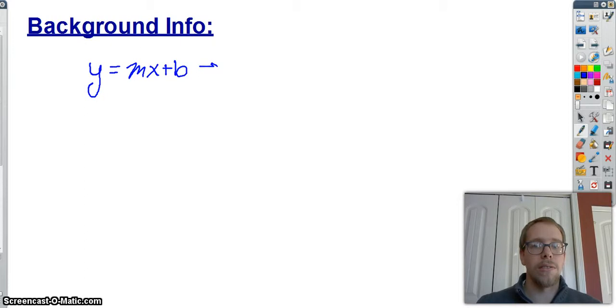Now, this is called slope-intercept form.